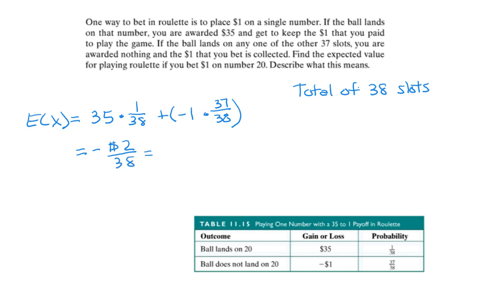Remember, just keeping it real with all this money. So we have a negative, and it looks like 5 cents. So you can expect to lose 5 cents on average for playing this game. So this is definitely not a money maker game.